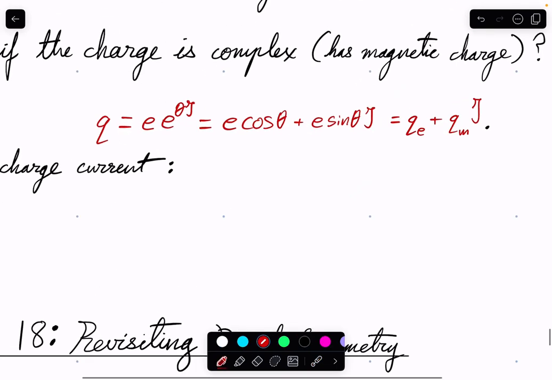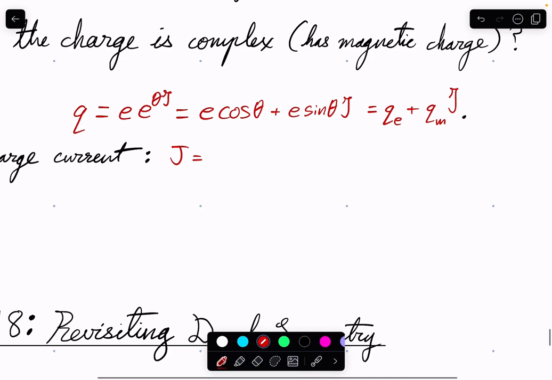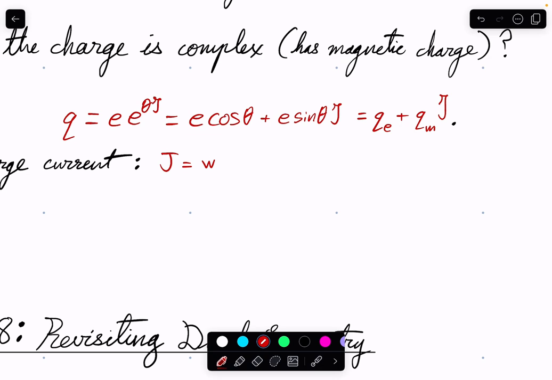So this creates an electromagnetic complex charge current, J, which is the relativistic velocity W times this Q here, which is just going to give QEW plus QMWI. That's what this ends up being here.